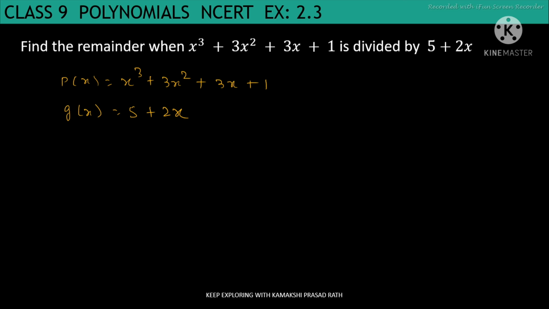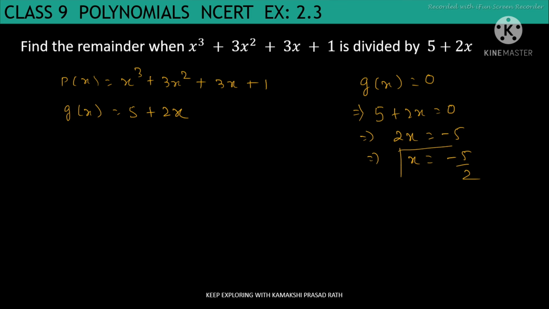The first step is g of x equals 0. To find the zero of the polynomial, you have to equate it to 0. So 5 plus 2x equals 0, and shifting the terms, 2x equals minus 5, and x becomes minus 5 by 2. Hence the zero of the polynomial g of x is minus 5 by 2. This minus 5 by 2 will be the value of our a.